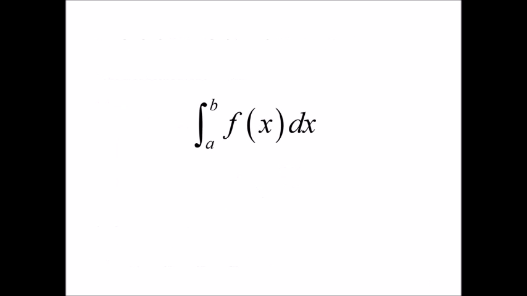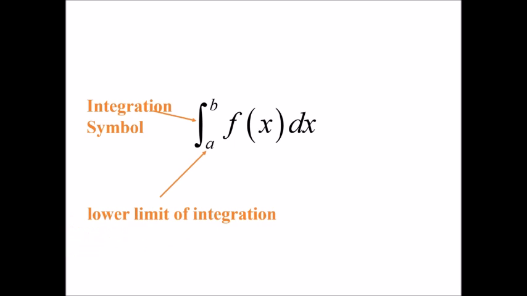So let's look at this notation that we have for integration. The first thing you see is this curly Q. That's simply the symbol that says take the integral. The letter at the bottom is the lower limit. Typically that'll be the smallest number, although not always.